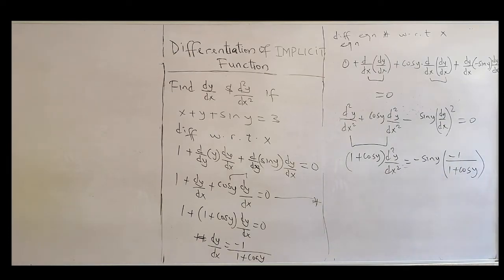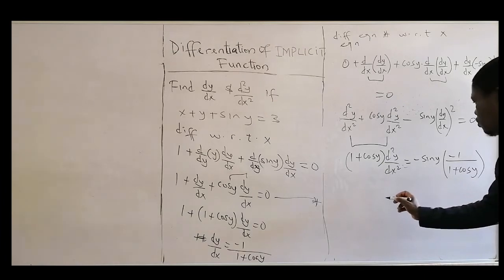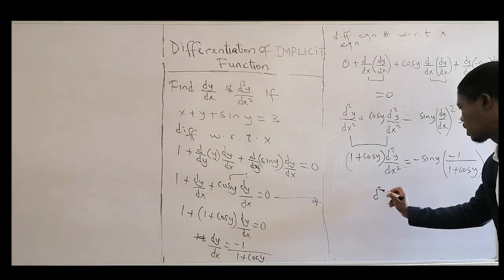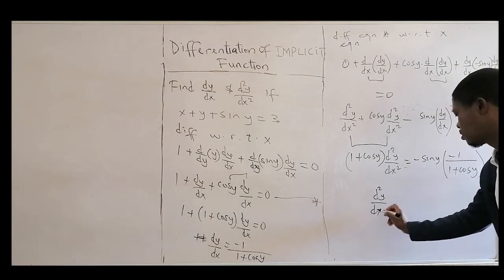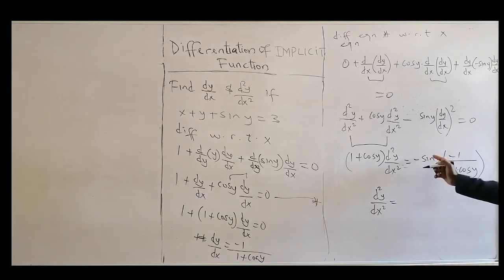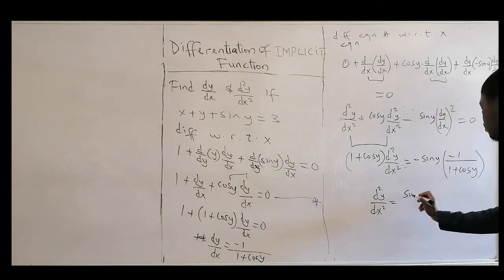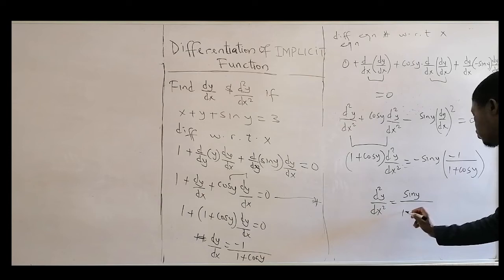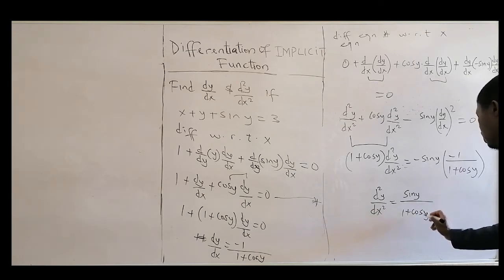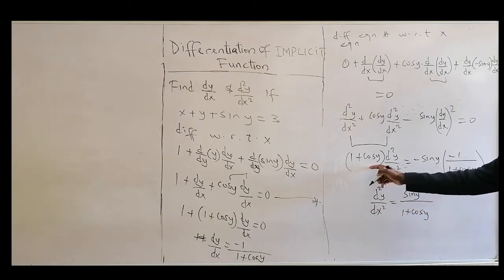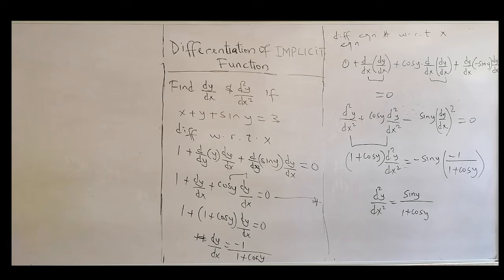So that will give us d²y/dx² equal to, multiply this one, that will be sine y all over 1 plus cos y. We are dividing by this, and that will give me 1 plus cos y, all squared.